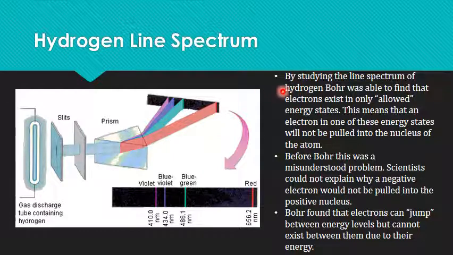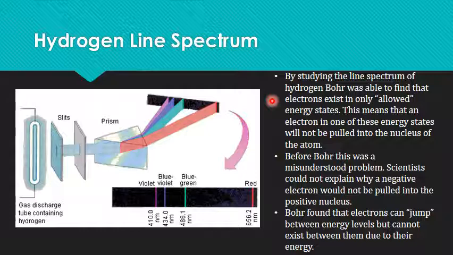By studying the line spectrum of our hydrogen gas, Bohr was able to figure out that our electrons exist only in certain energy levels or energy states, and he called them the allowed energy states. An electron in one of these energy states will not be pulled into the nucleus of the atom.